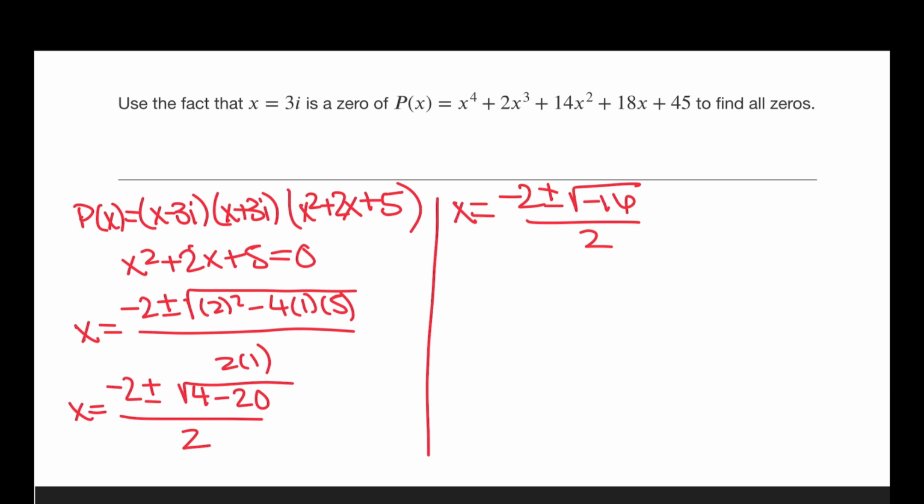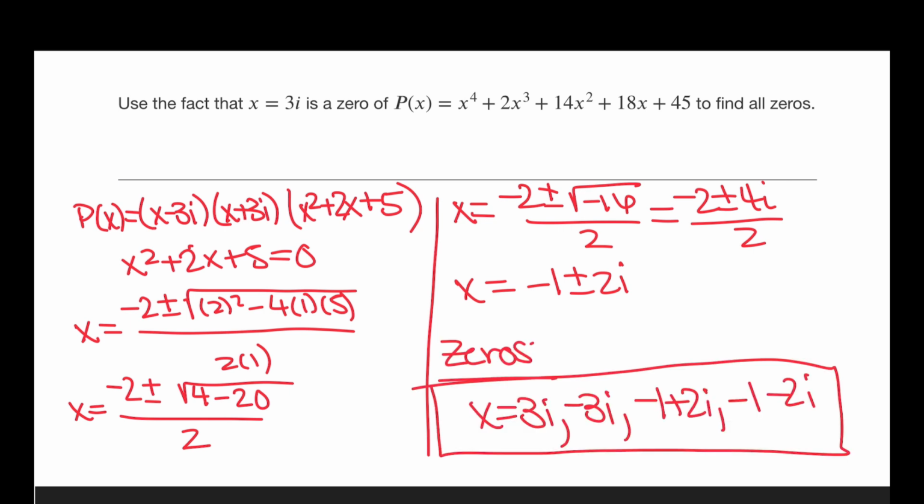And let's see, I think we can simplify this further. 4 minus 20 is negative 16. And the square root of negative 16 is 4i. Now I have a common factor. Everything is divisible by 2. Negative 2 divided by 2 is negative 1. And 4i divided by 2 is 2i. So when I solve the quadratic equation, x squared plus 2x plus 5 equals 0, I get x equals negative 1 plus or minus 2i.